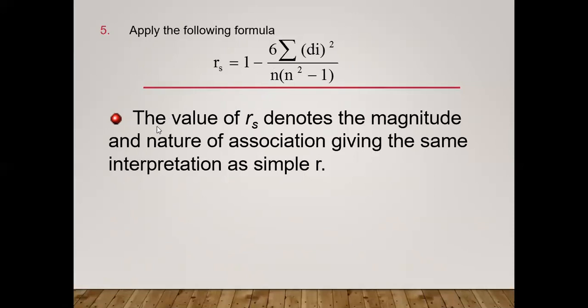The value of RS denotes the magnitude and nature of association, giving the same interpretation as simple R. You have seen it a lot of times while preparing graphs through Origin or other software, even R software. You see your data, your observations, and your trend line.